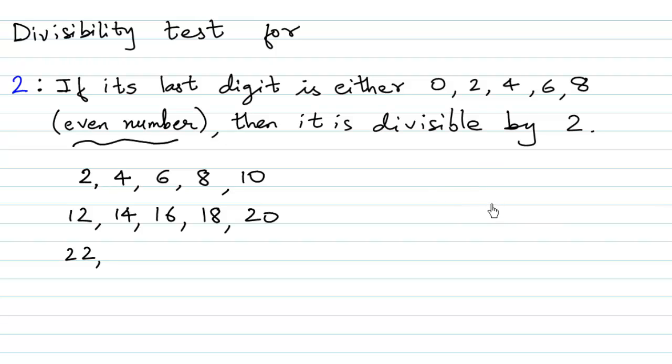Write, let's say, 8 over here and write whatever you want, like 7, 6, 1, and 5, as long as the last digit is 8 or any even number, this number is going to be divisible by 2. In other words, if you divide this number by 2, you're going to get a remainder of 0. So this is the first test for divisibility, and that is for 2.